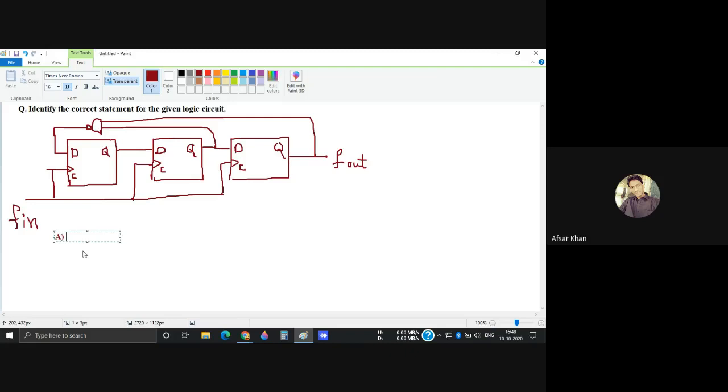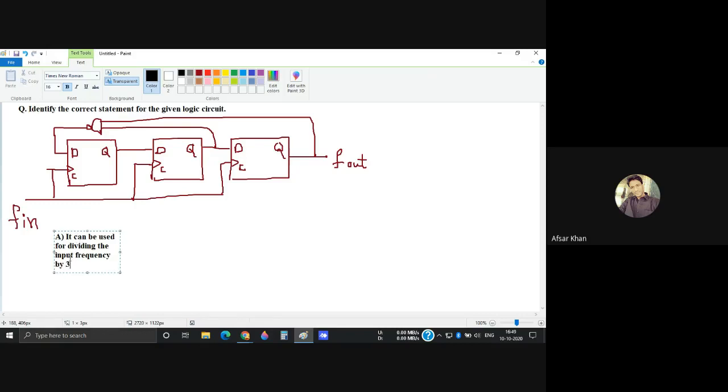Statement A is it can be used for dividing the input frequency by 3.